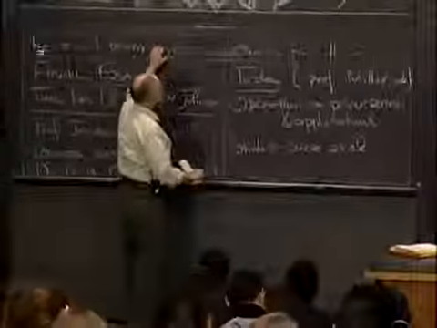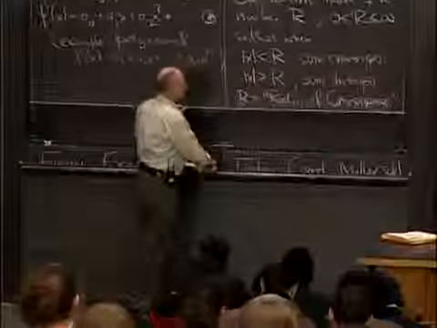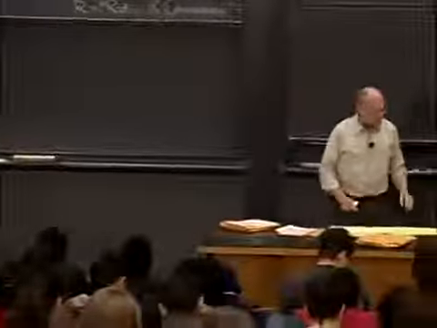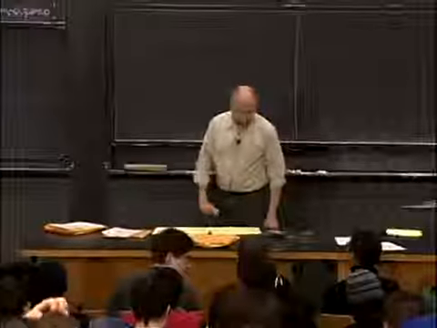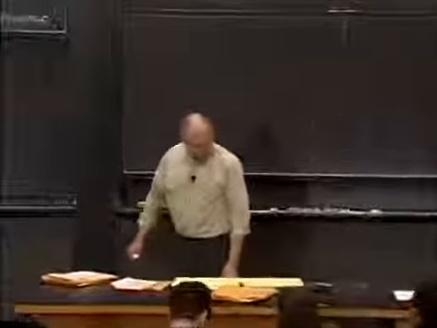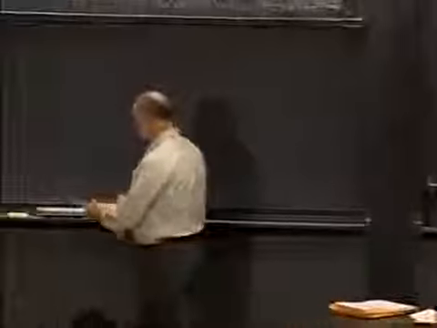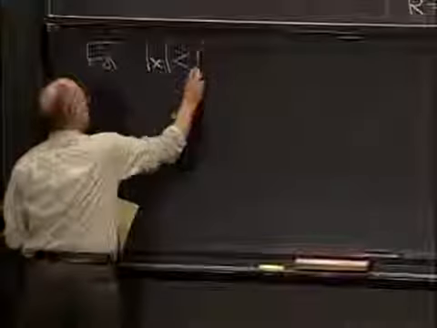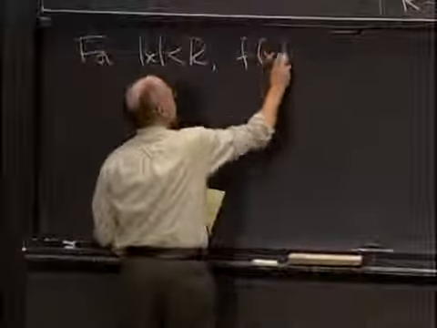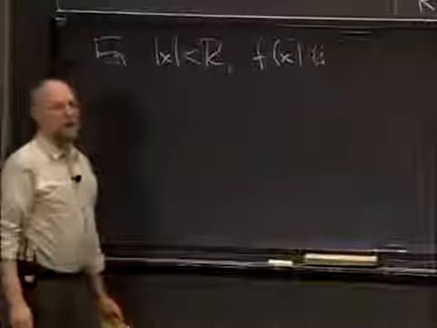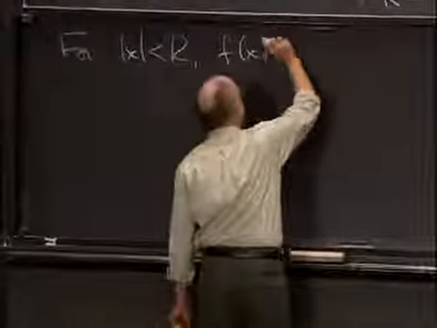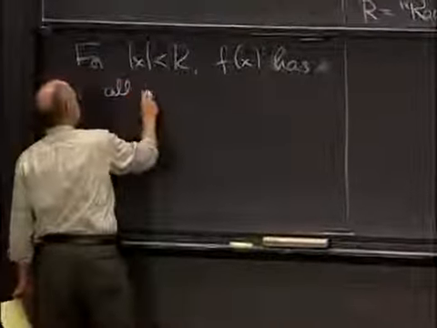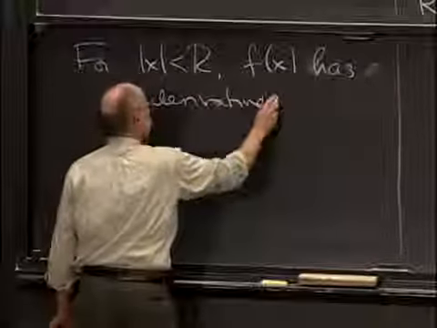Let me go on and give you a few more of the properties about power series, which I think that Professor Jarrison talked about earlier. So one of them is there's a radius of convergence. Here's another one. If you're inside of the radius of convergence, then the function has all its derivatives, just like a polynomial does.